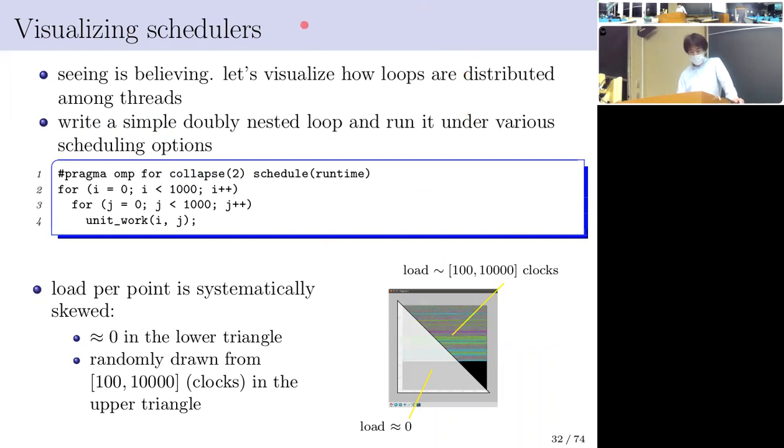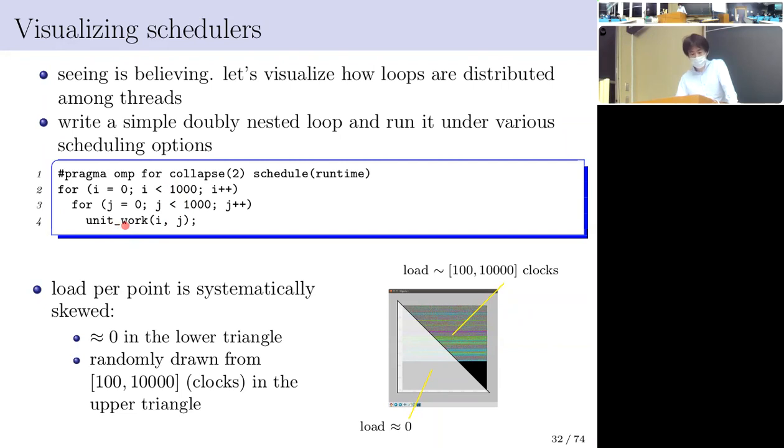So I'm going to show how these scheduling clauses affect how the work is divided among threads in real time by visualizing things. You have an OpenMP program that essentially works like this. You have two-dimensional, doubly nested loops, which in total do n square work.